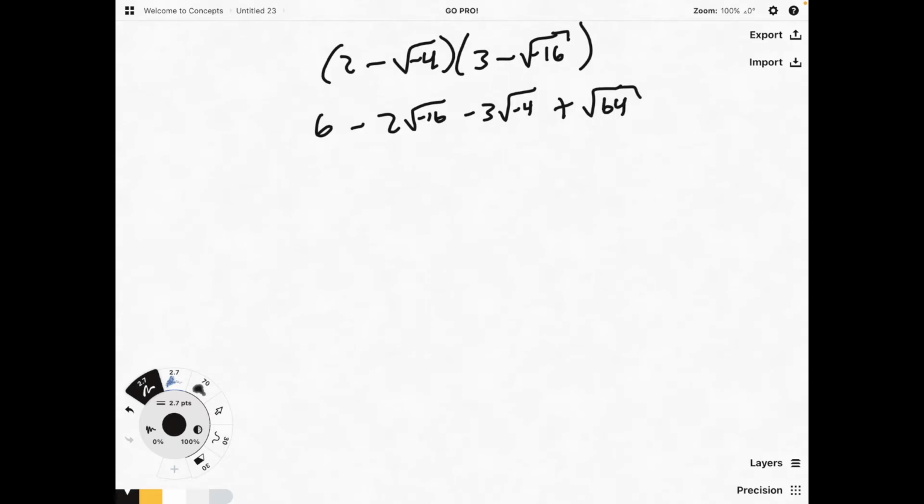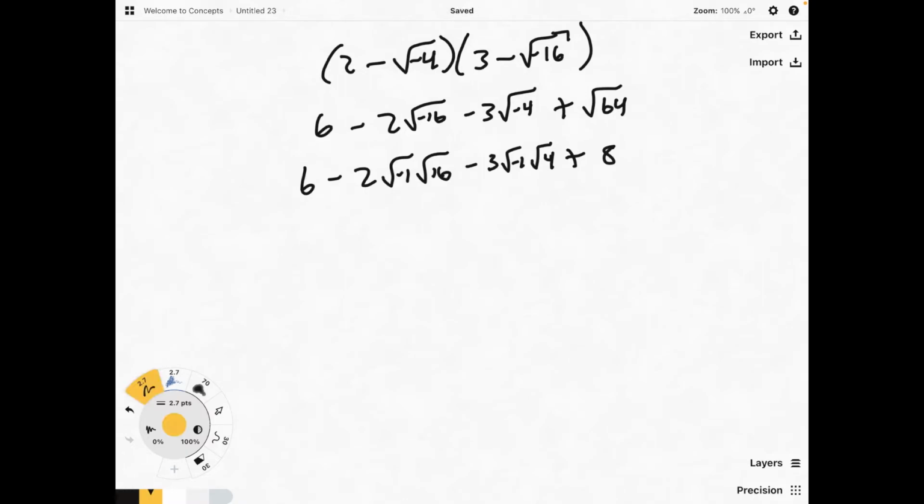From here, we're going to simplify. We get 6 minus 2 square roots of -1 multiplied by 16 minus 3 multiplied by the square root of -1 multiplied by 4 plus 8, because 8 times 8 is 64. The square root of 64 is 8.